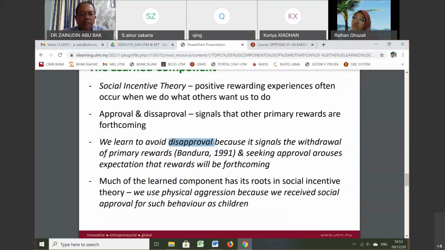theory. For example, we use physical aggression because we receive social approval for such behavior as children. Maybe we have personal experiences, previous experiences related to this one. The way we were taught, like I don't know how you were taught in school when you were schooling.